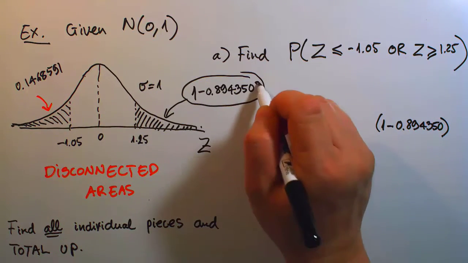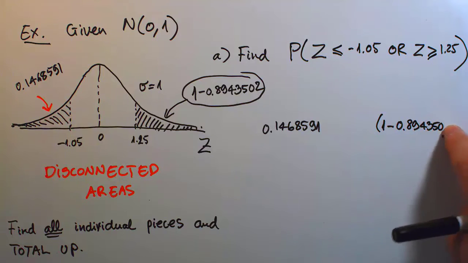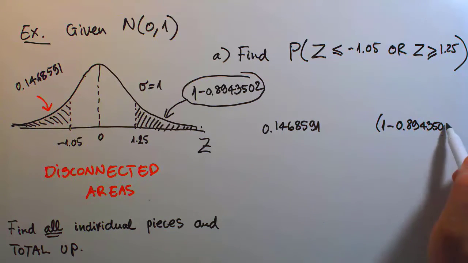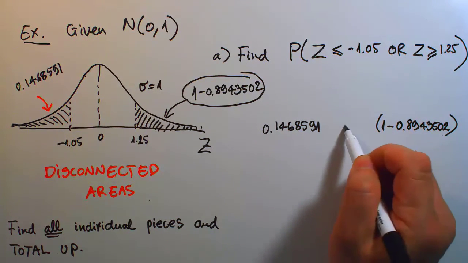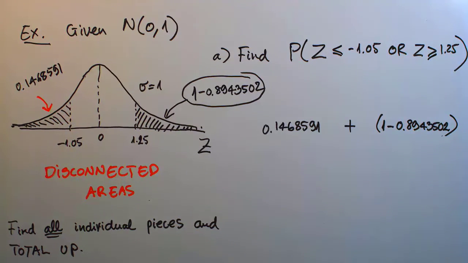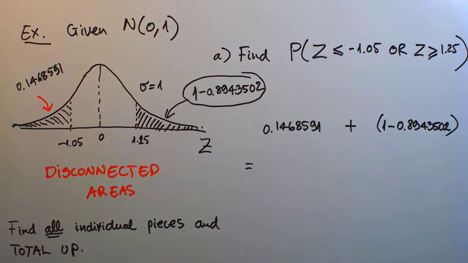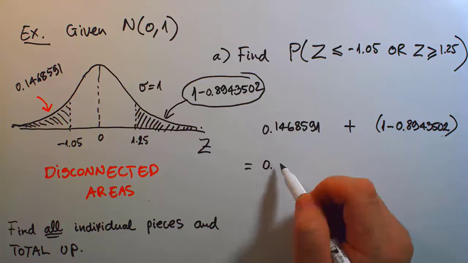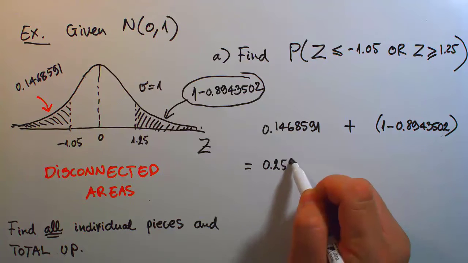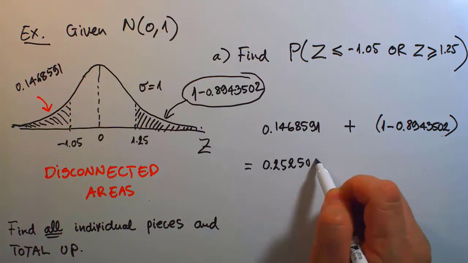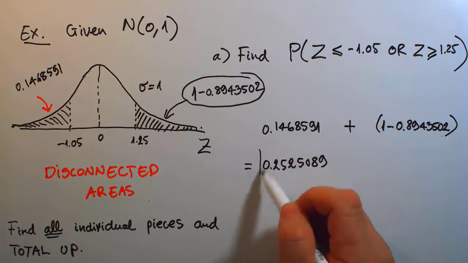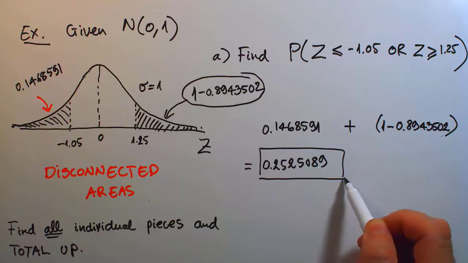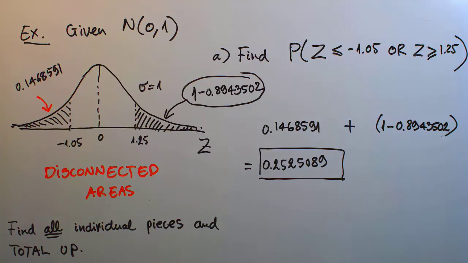Actually 502, I should have mentioned that. It was in front of me the whole time. Add them up, and the final calculation comes out to be 0.2525089. That's as far as possible in my precision here, in 7 decimals.